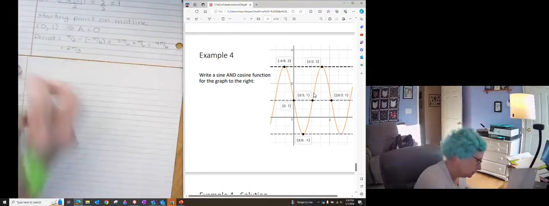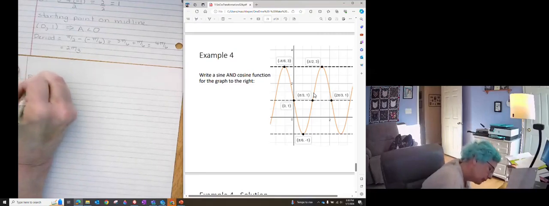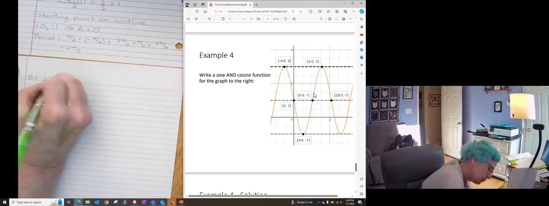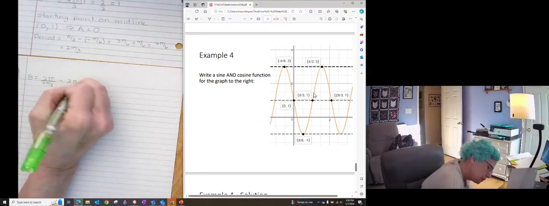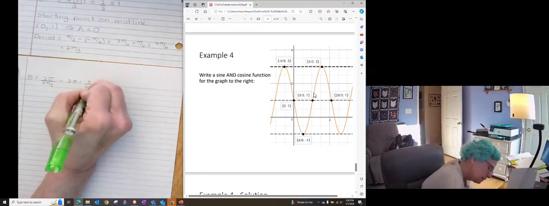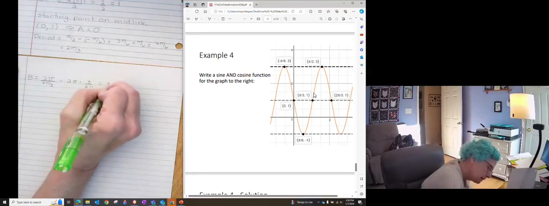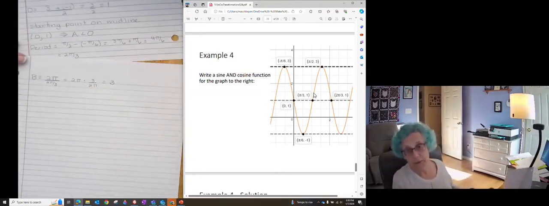So B is equal to 2 pi divided by 2 pi over 3, which is 2 pi times 3 over 2 pi, which is 3.